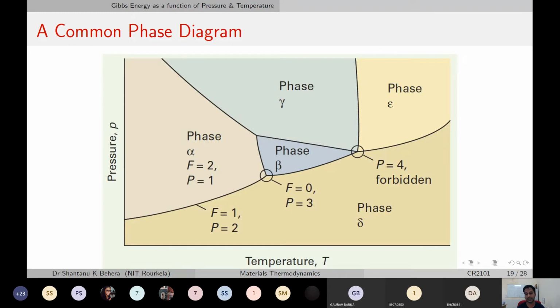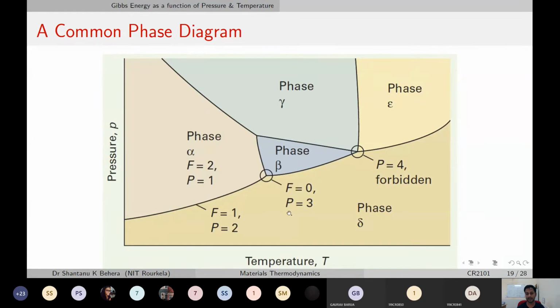This is the gamma phase, this is the beta phase, this is the epsilon phase, and this is the delta phase. It might show that this could be a solid, this could be a liquid, this could be a gaseous phase, depending on various other parameters, which of course you can guess. But these are the phases, the number of phases here.